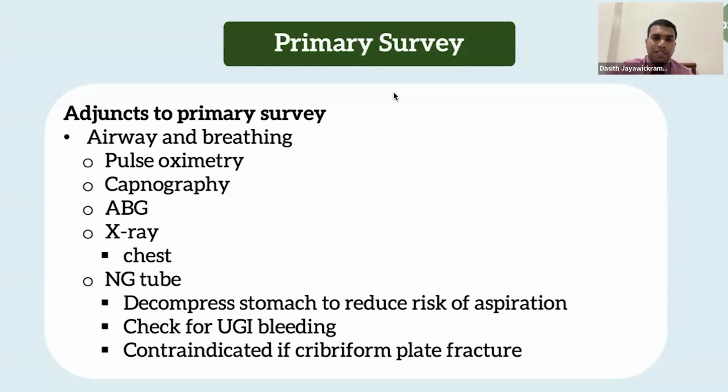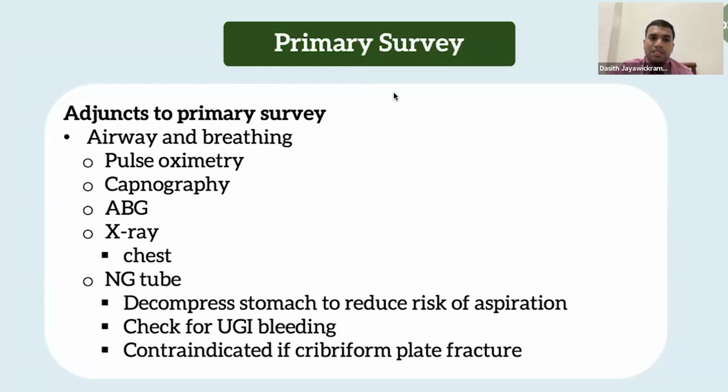So in airway and breathing, we can use adjuncts such as pulse oximetry, capnography to check whether the endotracheal tube is adequately placed in the trachea, ABG, arterial blood gas, and X-rays. X-rays of the chest only. Other X-rays are not a part of the primary survey. Chest X-ray, yes, it has a chance, but there are portable X-ray machines.